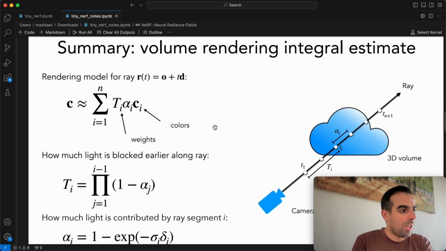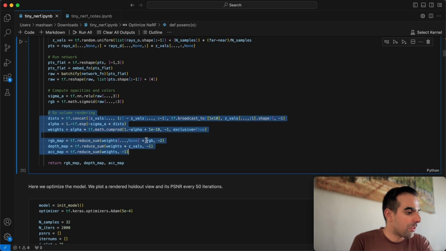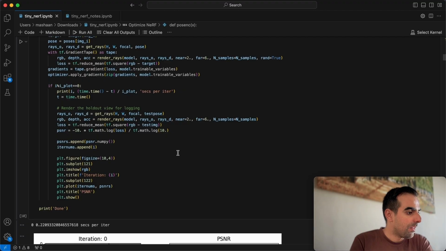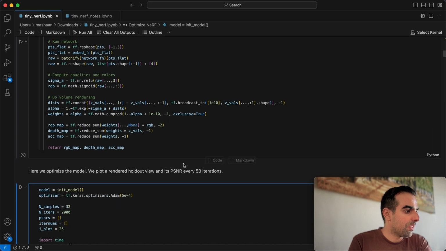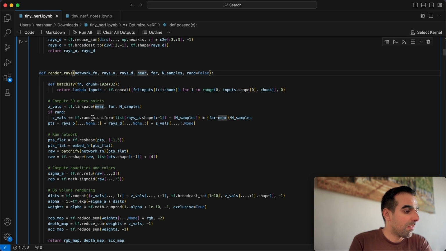But you might ask how NeRF is sampling these points. It basically gives two values. Here they call it near and far, and using near and far, here you're sampling from a uniform distribution.